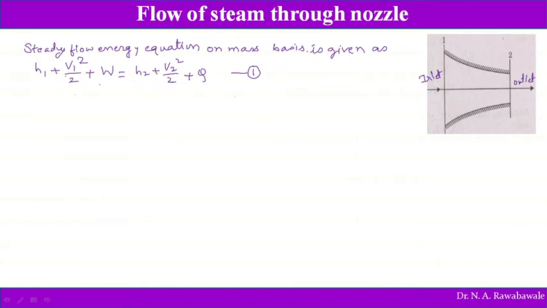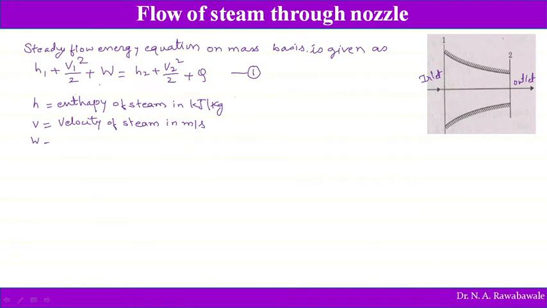So what these terms are going to signify, H is nothing but enthalpy, where H is enthalpy of steam in kilojoules per kg, whereas V is velocity of steam in meters per second.